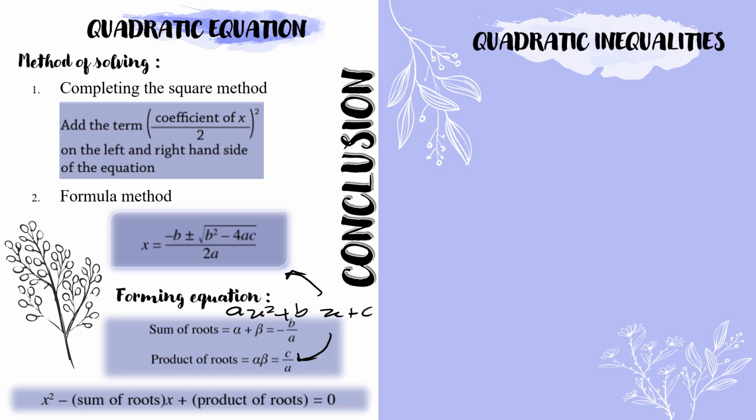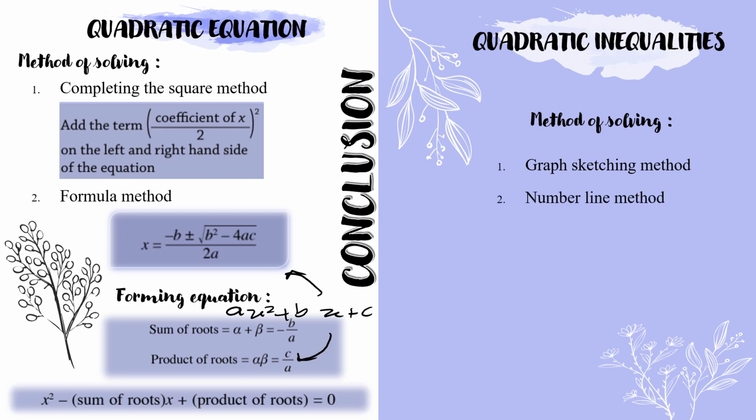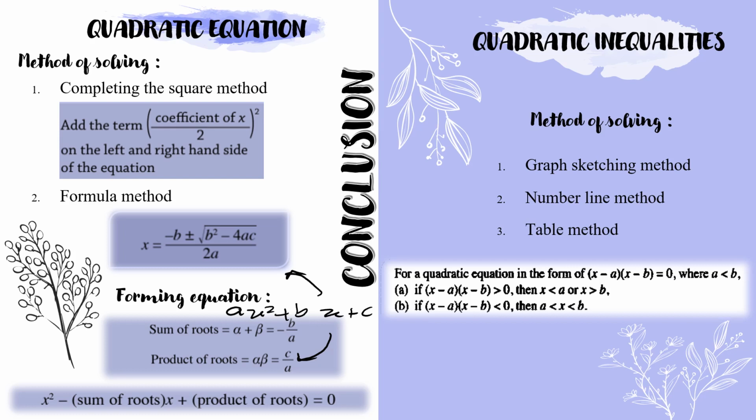And lastly, we learn on quadratic inequalities method of solving. There are 3. The first one is graph sketching method. This is the easiest, but if you feel like the second or the third one is easy, you can do. Okay, second one is number line method, and lastly, table method.